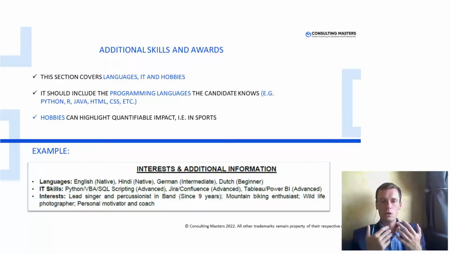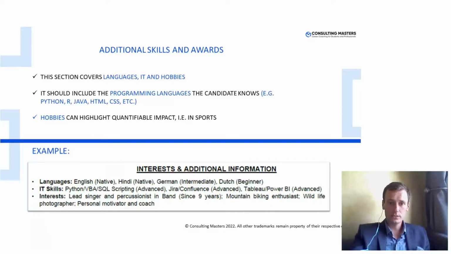Or if you are playing sports, I don't know, tennis, cricket, football, basketball, whatsoever, especially if you have been competing and winning, mention this, all the awards that you have been having. Or if you have been the captain, for example, of a basketball team, this is a great experience because it can also showcase your leadership skills.